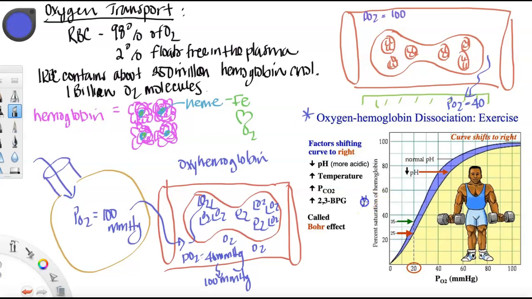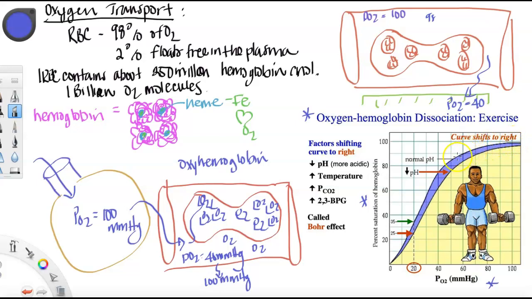You've got the percent saturation on this side and PO2 on this side. Up here where the PO2 is 100, the percent saturation is almost 100%. We're at 98% right here. That's about as close as you're going to get.